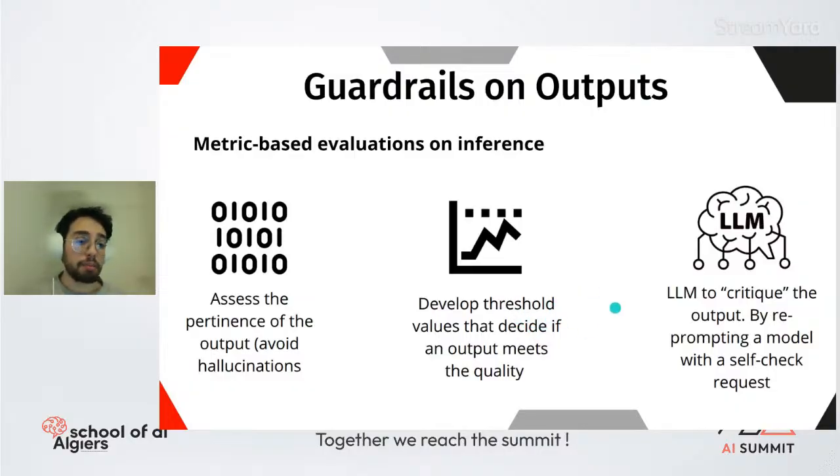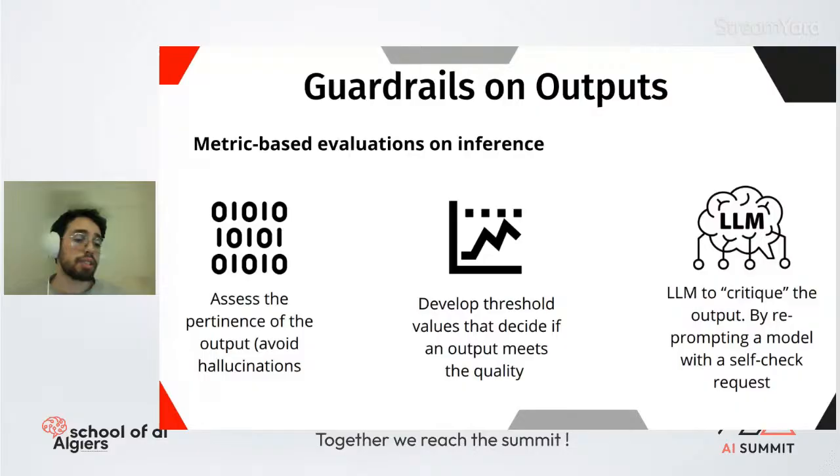The final and most intuitive one is to use another LLM inside the loop and always exchange between the output of the original LLM and this critique LLM. They exchange ideas, maybe rephrase.